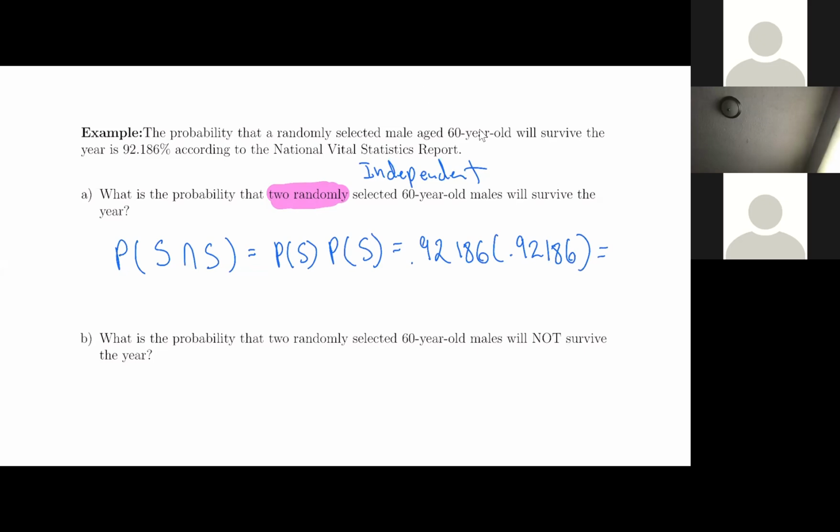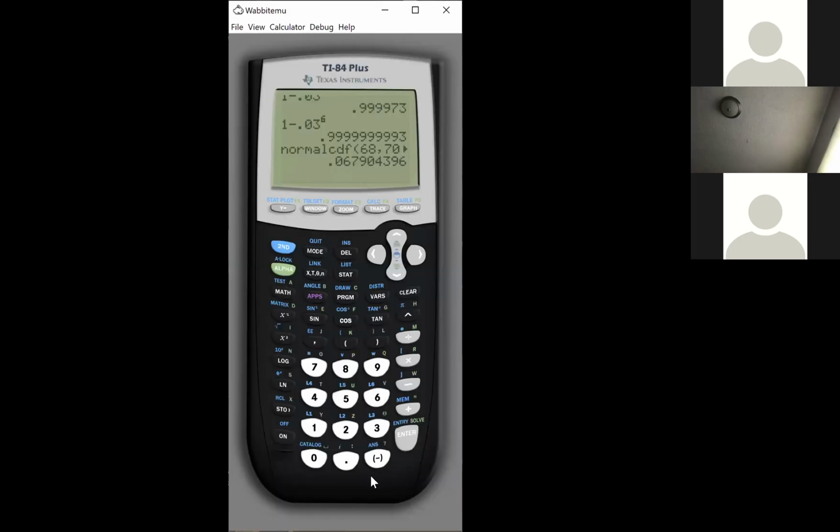So let me share my calculator. So you should see a calculator right now. So we're gonna do 0.92186. And we're gonna multiply it by itself. So we do times 0.92186.